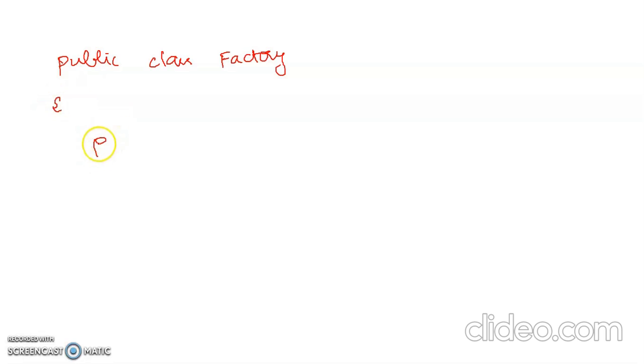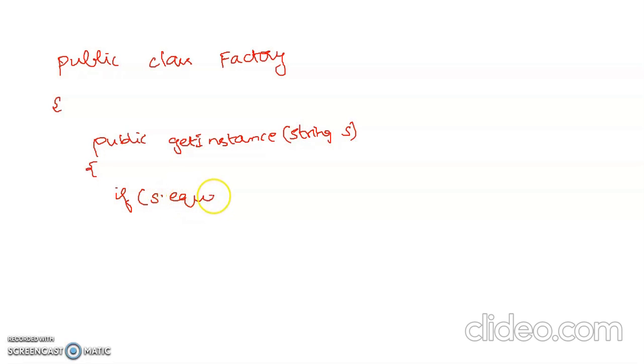I'm going to have a method public getInstance, let us pass a string into it. If s.equals first OS, whatever the input given by the user, we have to return the Android.